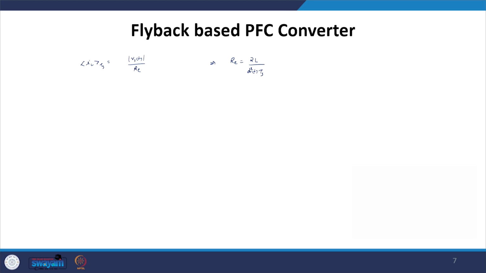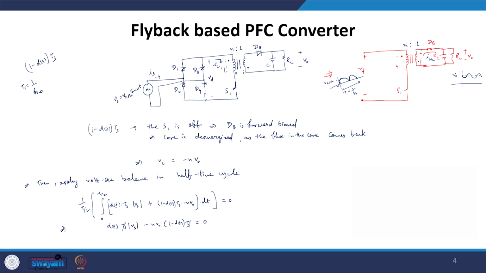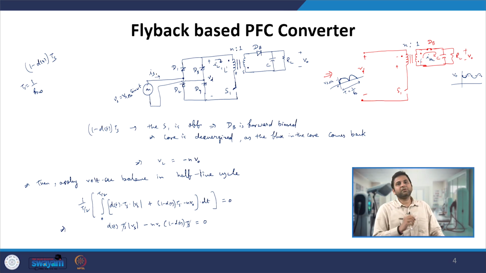And this is something which we also want, because if we can see our previous discussion, if we can ensure that the input impedance of this converter is a pure resistive load, then the current drawn from this source is also sinusoidal.